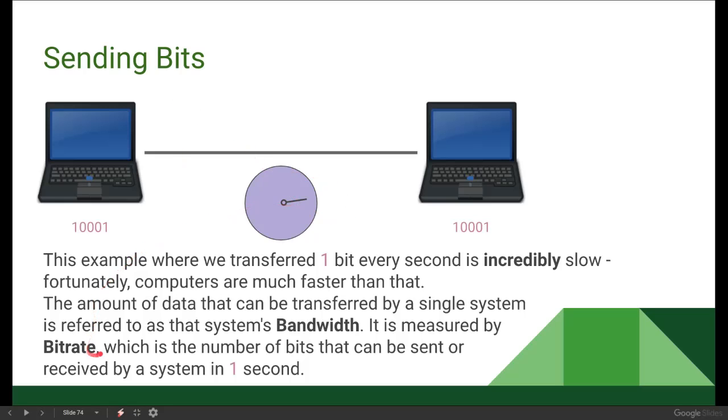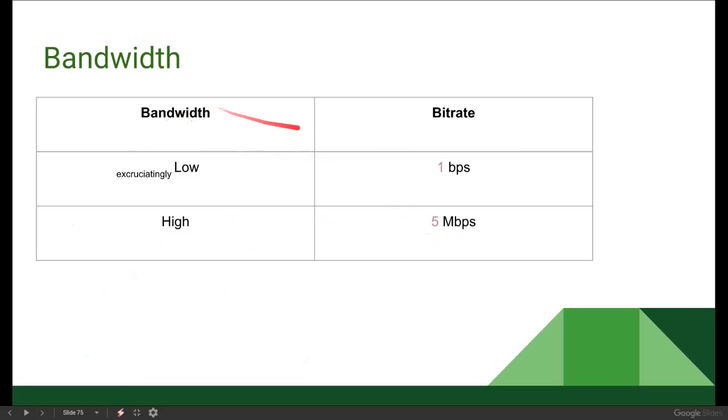So my bit rate in this example was 1 bit per second, very slow. So my 1 bit per second gives me an excruciatingly low bandwidth. If I increase my bit rate to 5 megabits per second, then my bandwidth is going to be high. That's a much better bandwidth. I'm transmitting 5,000 bits every second, which is going to be much, much faster at transmitting data.